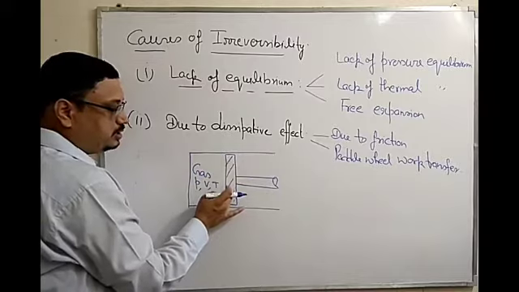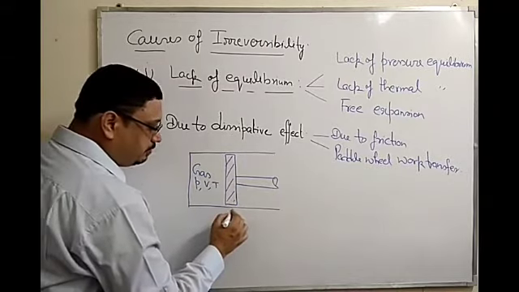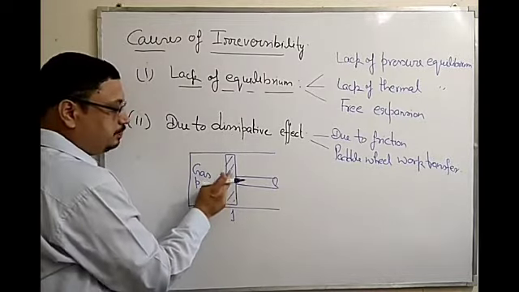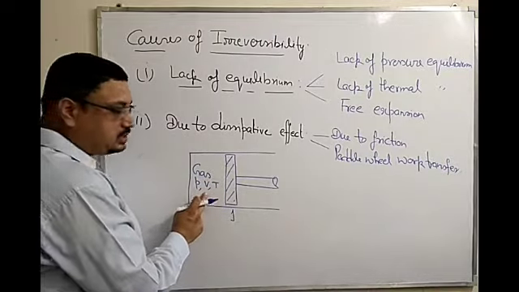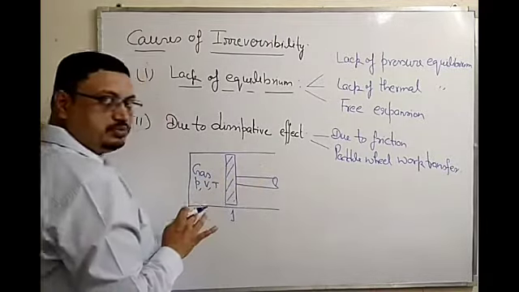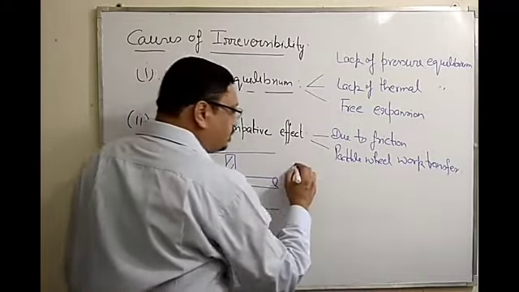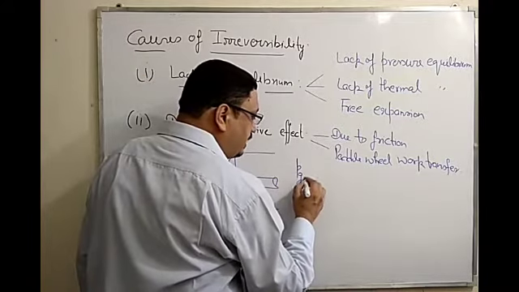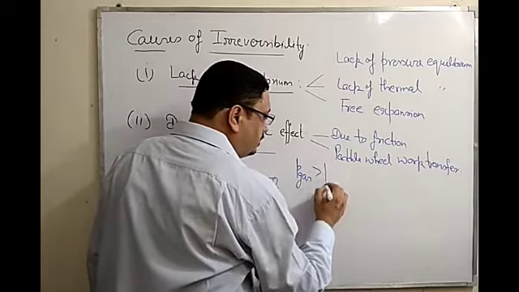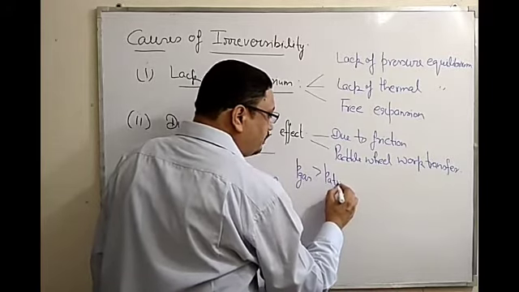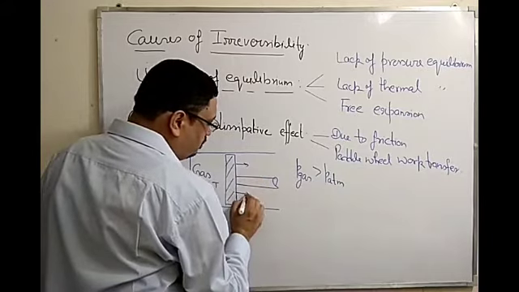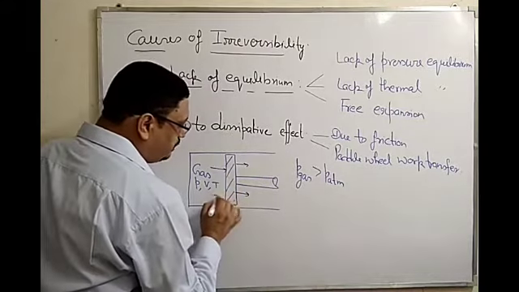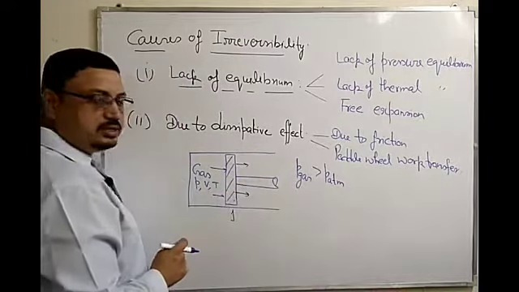This piston is in this position, suppose position 1. On the left side of the piston there is the pressure of the gas, and on the right side we have atmospheric pressure. If this P gas is higher than the P atmospheric, then this piston will be pushed by the gas, and it will move in this direction.